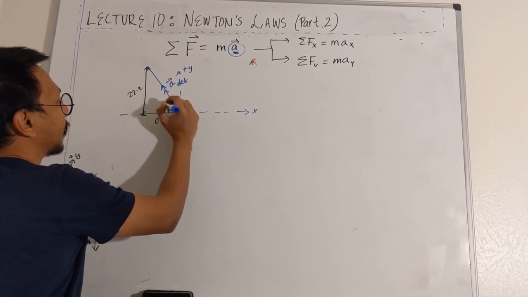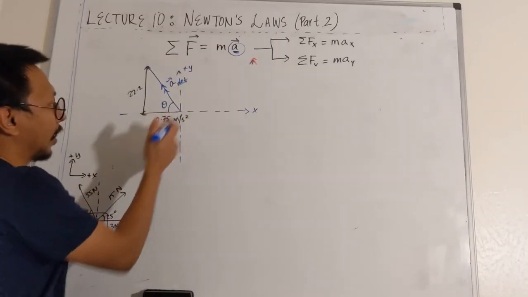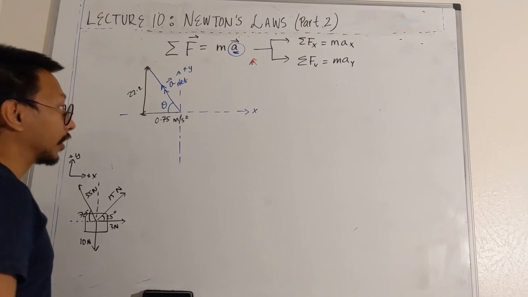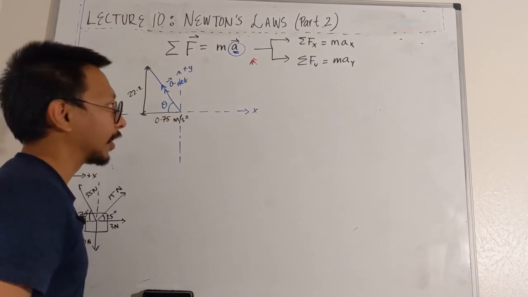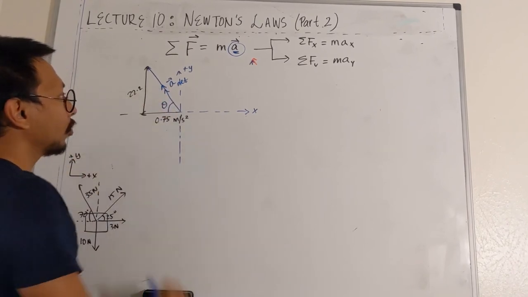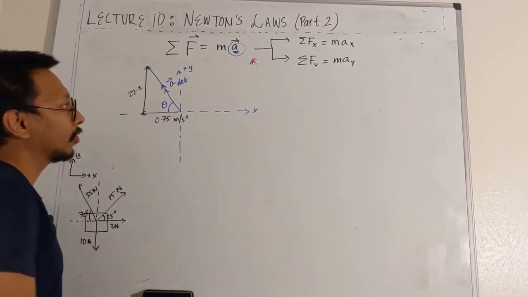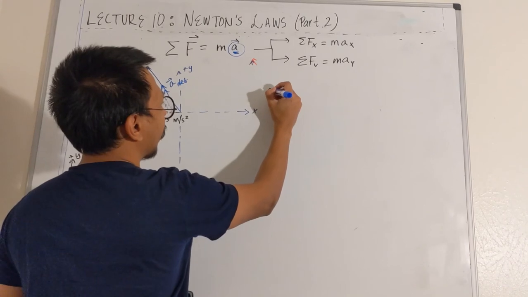And the angle subtended by a net and the x-axis, or the negative x-axis to be more precise, will be the direction of the net acceleration. So how do we find net acceleration magnitude? Pythagoras theorem.